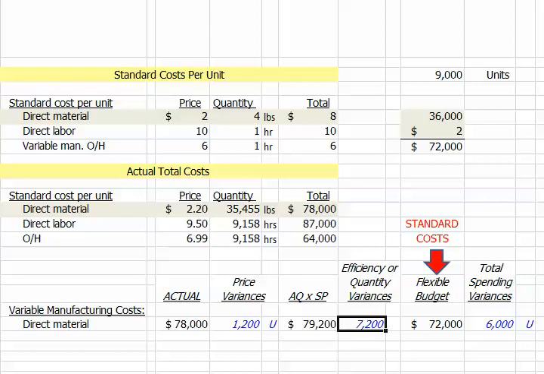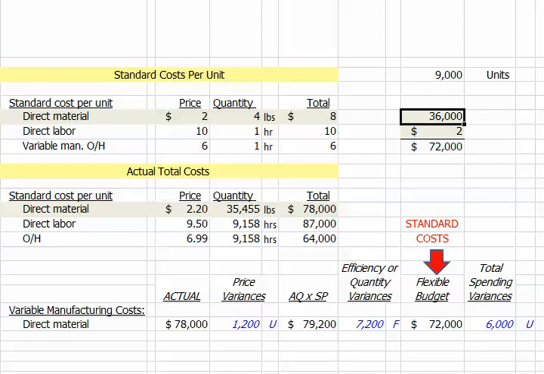Our efficiency or quantity variance is $7,200. Again, the difference between the two columns. And it would be a favorable variance, because we actually used 35,455 pounds, where at standard we would have expected to use 36,000 pounds.